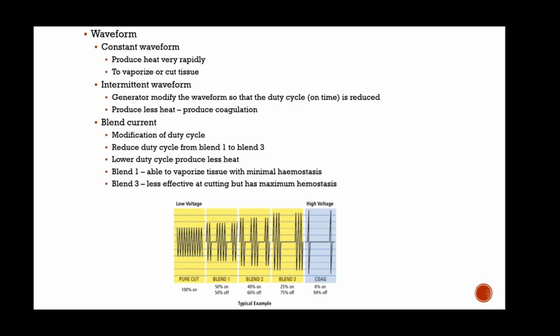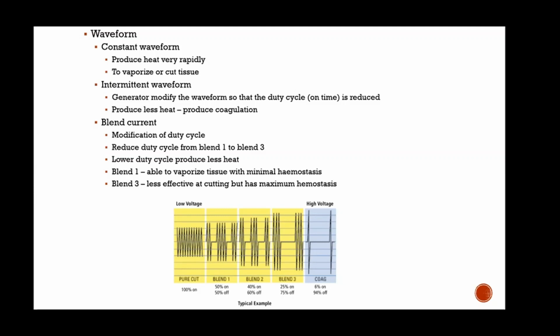In between we have the blend current, which is a modification. The higher it goes from 1 to 3, the less waveform there is.